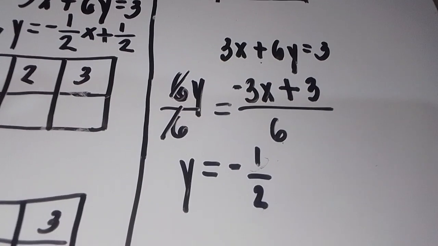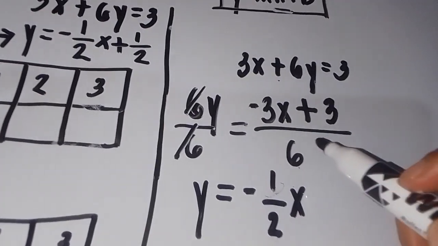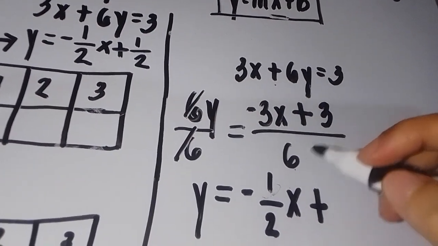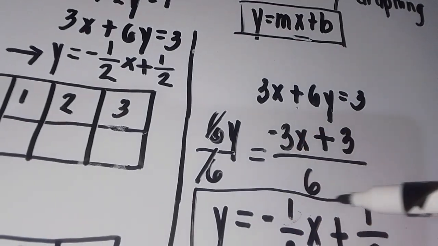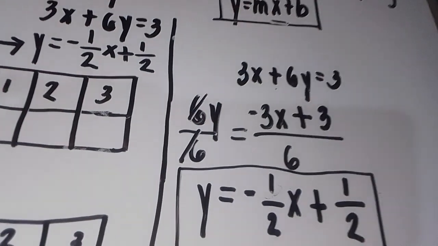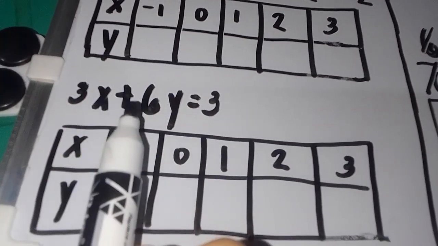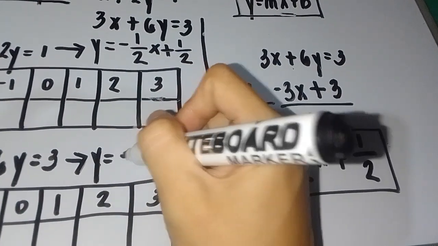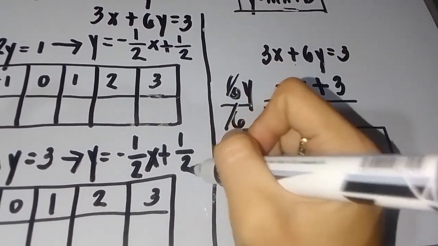It becomes negative 1/2. Since there is a variable x, we just copy it. Next, positive divided by positive is positive. 3 divided by 6 is 1/2. So, the slope-intercept form of the second given linear equation is y is equal to negative 1/2 x plus 1/2.